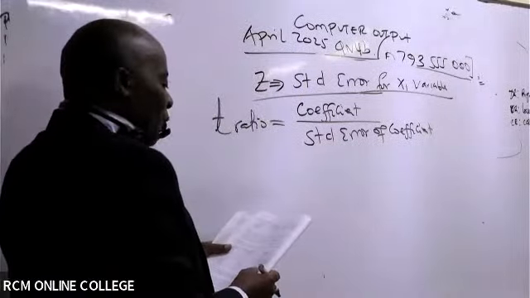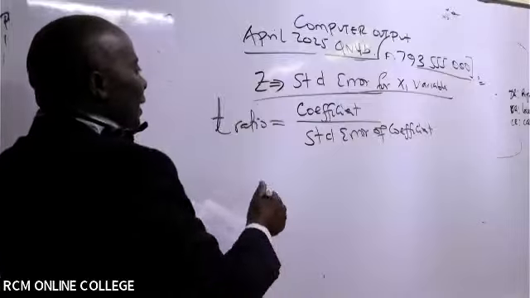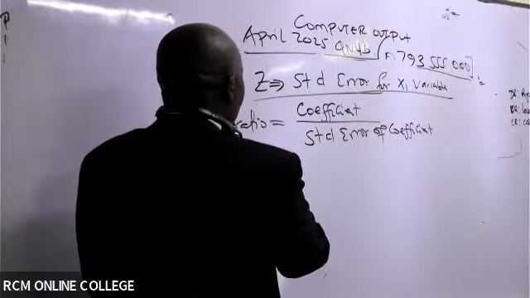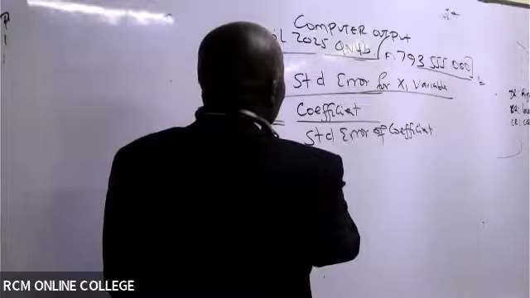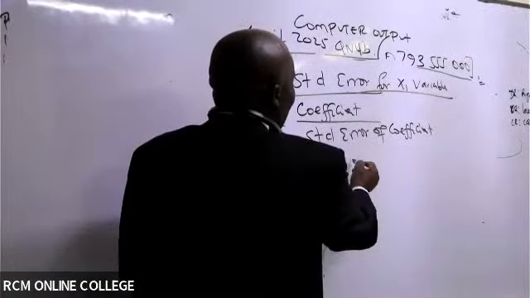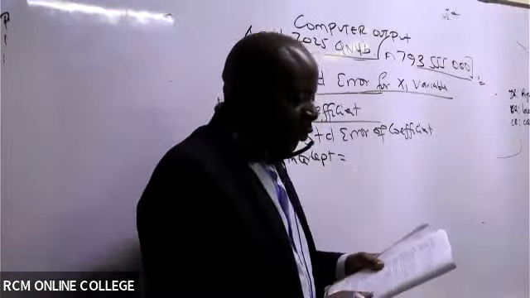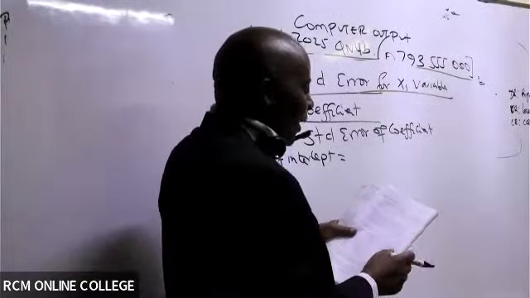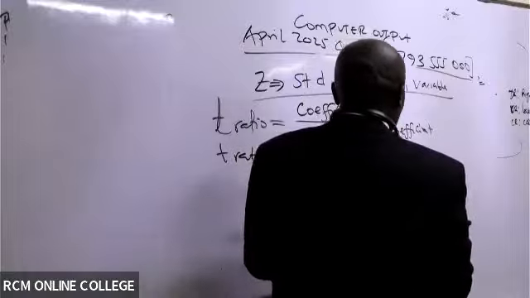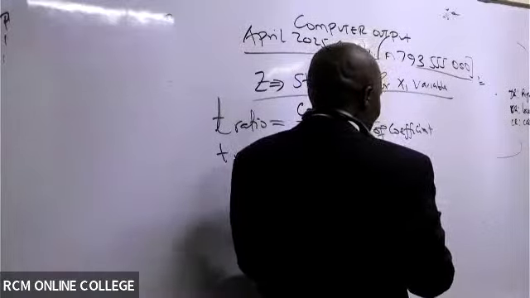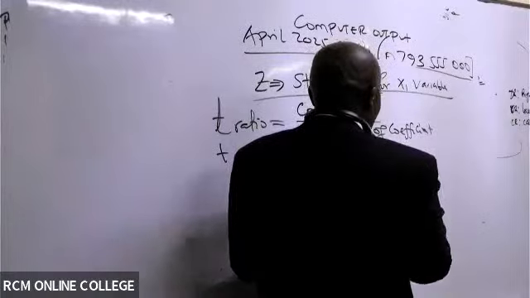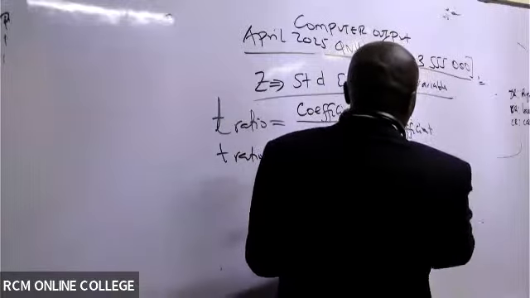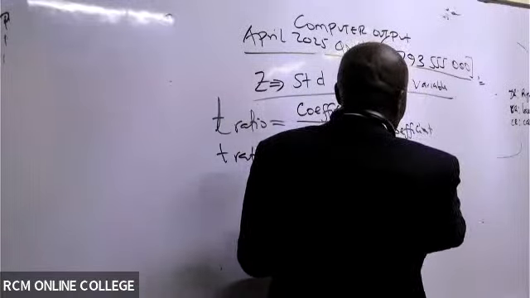We can try the T ratio of the intercept and see whether things are agreeing. Let's try the T ratio of the intercept, all of us. Are you able to see the coefficient of the intercept? I can see this 5 or 7 point 30.